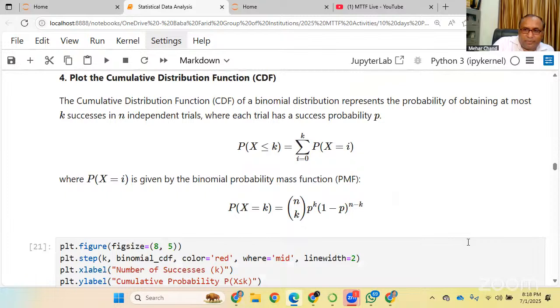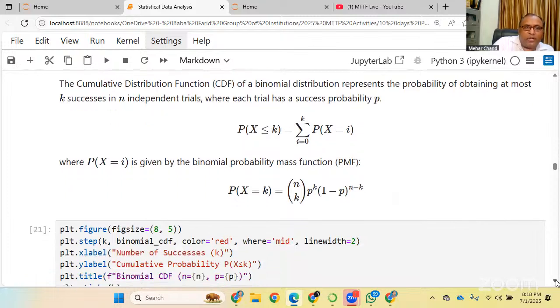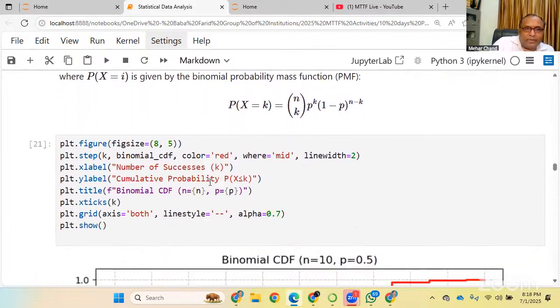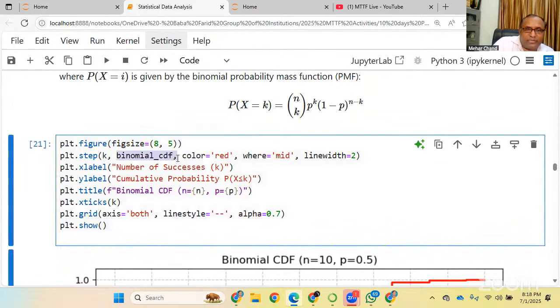And by using these statements, which are again quite simple, these values we have already calculated. We need not worry about this one. We calculated this value in the beginning.